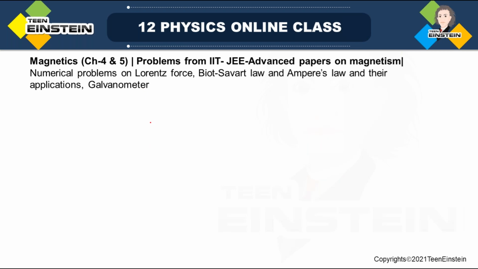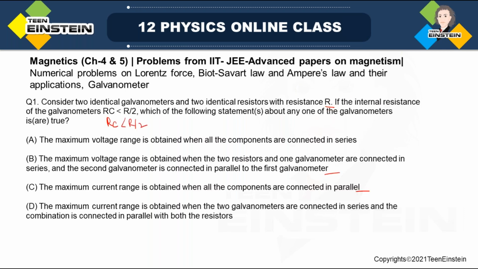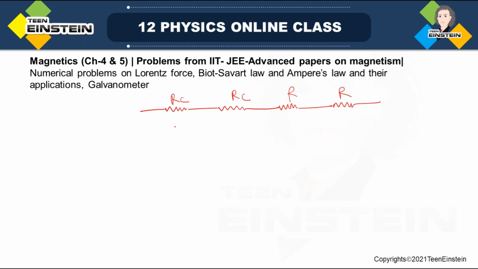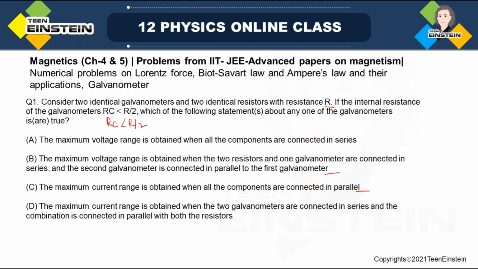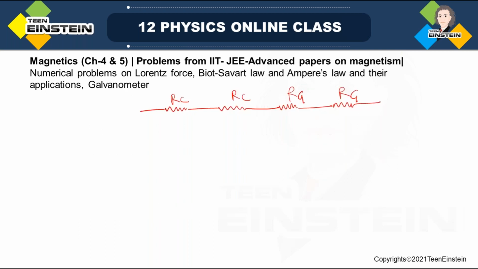So we have two galvanometers which have internal resistance RC, both of them, and two resistors are there. So actually internal resistances are RC and this R and R. Here it is given R, and internal resistances are RC.